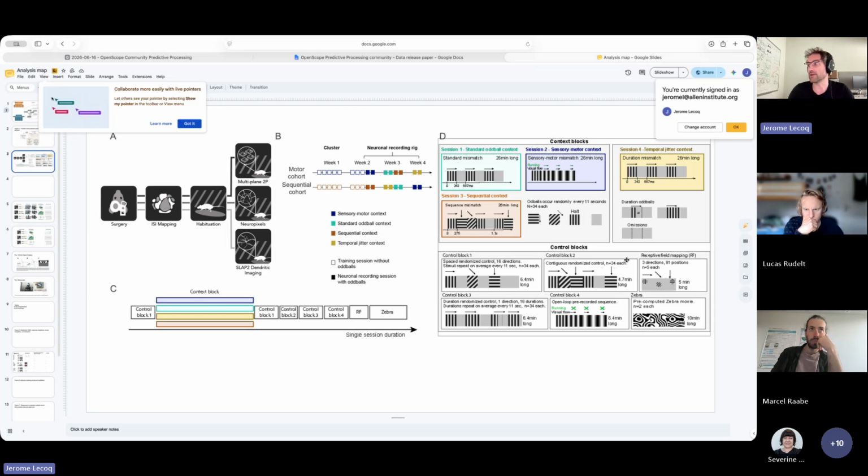So that should be clearer for everyone to understand how the stimulus was constructed. It contains the different control blocks that we presented to the animals for all three modalities, as well as the different contexts with a color labeling here, and then the durations of the different blocks that were part of the experimental design. So this was changed.